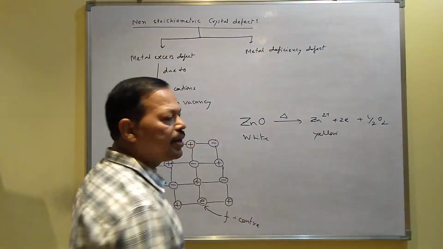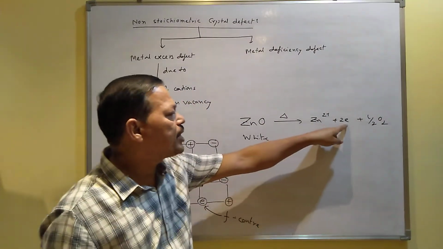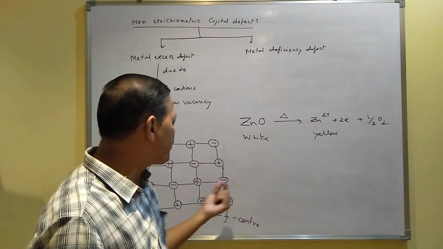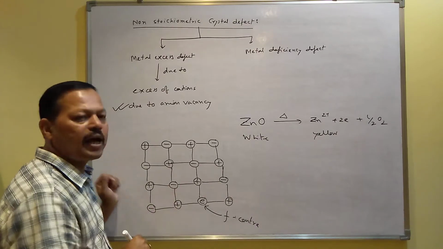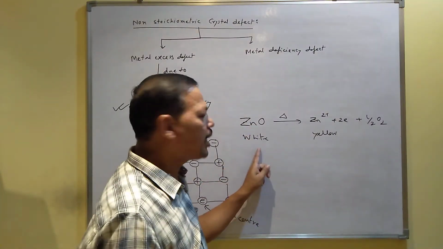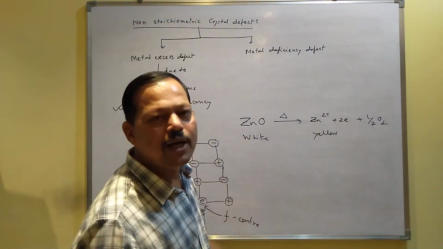This electron released by zinc will produce the F center. I mean this electron will be trapped in the position, and that is why it produces the color center, and that is why the white zinc oxide after heating turns to yellow in color.